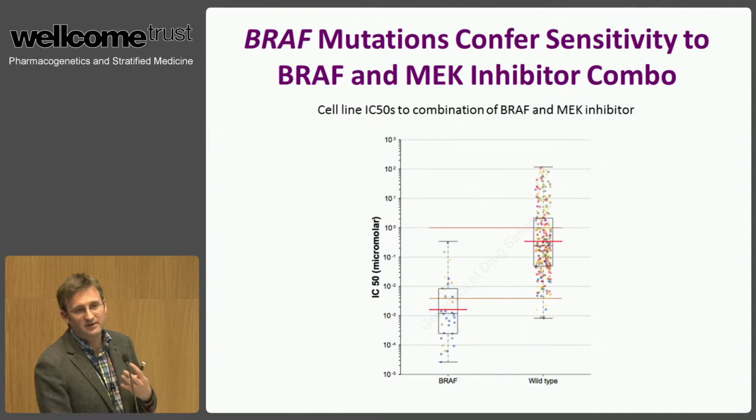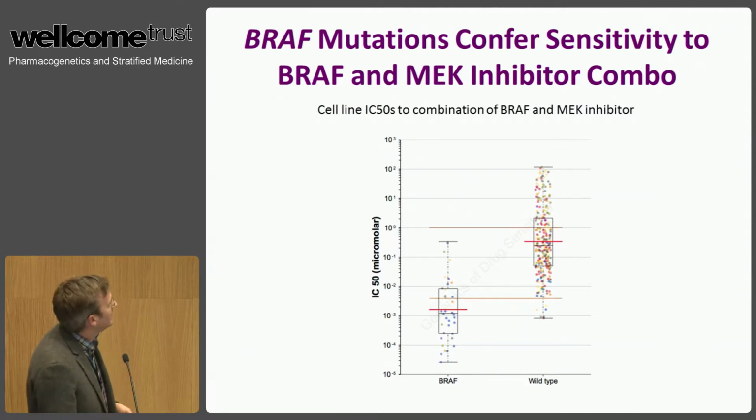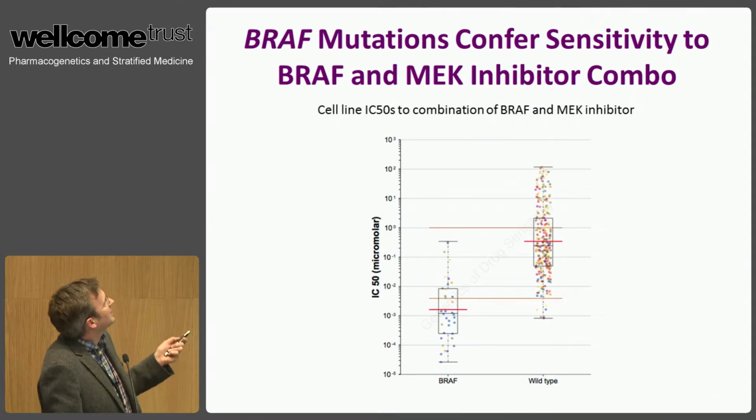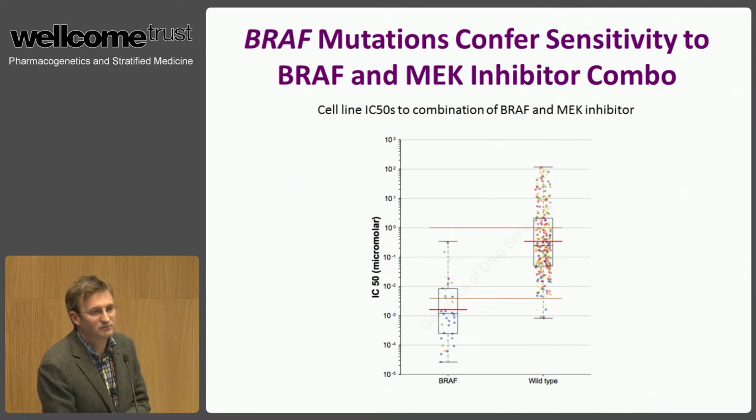And then we can ask very simple questions. So for example, in this particular case, we've just said, in response to this particular drug combination, so this is an inhibitor of 2 kinases, BRAF and MEK, does the presence of this particular mutation in a gene called BRAF, which was introduced by Tim this morning, lead to a differential sensitivity to this particular combination of drugs?